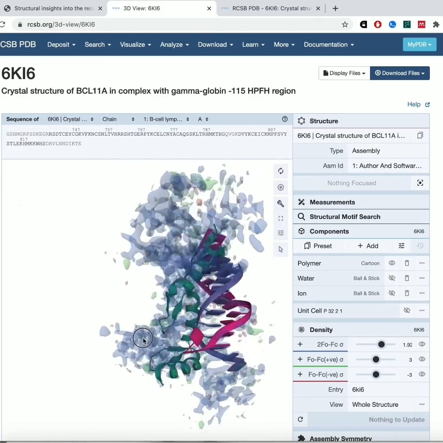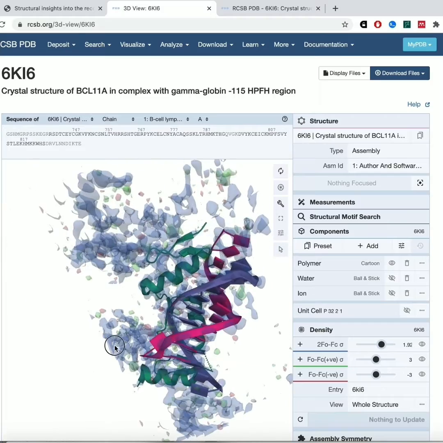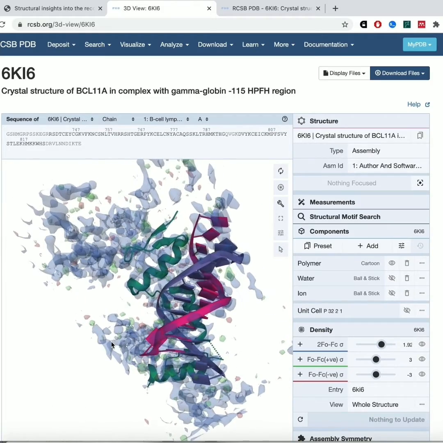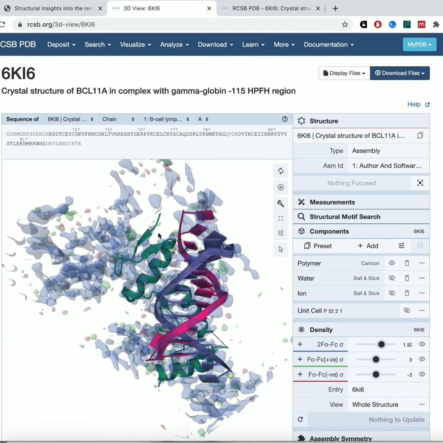When you do this though, you have to think: the data from the diffraction pattern is what you use to build this electron density map, and then you build the model into the map. Because you're building the model into the map, you need to make sure that the model actually fits in the map.